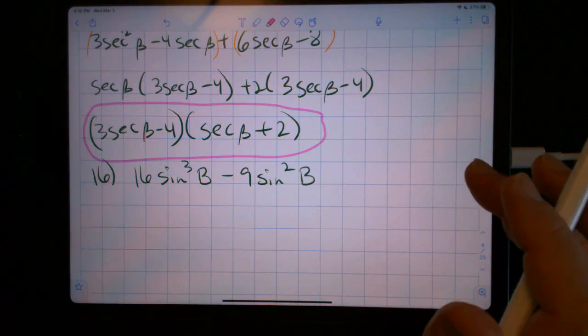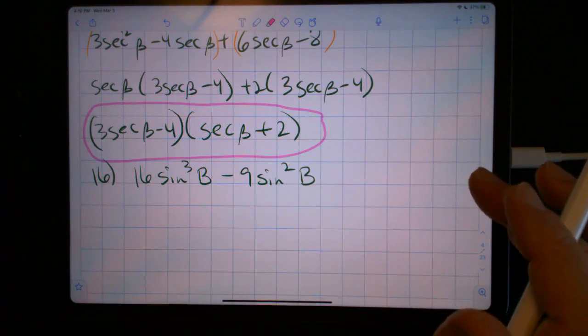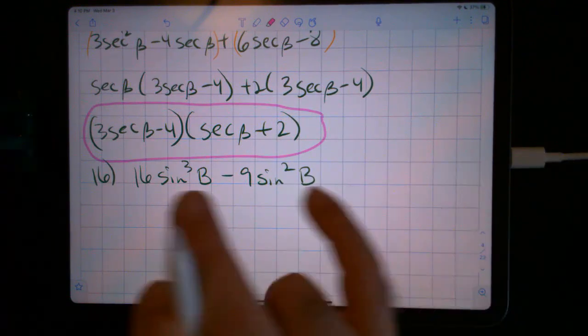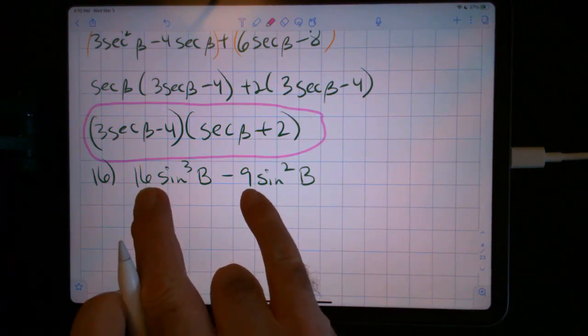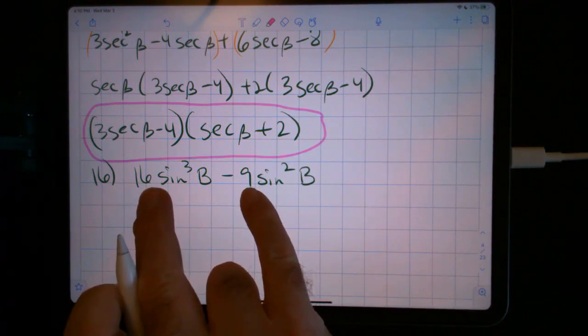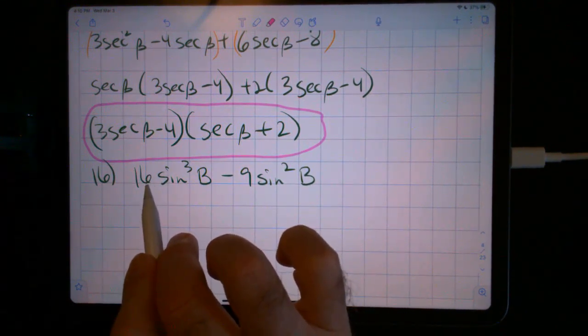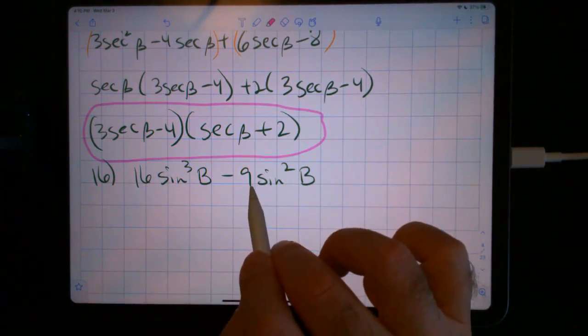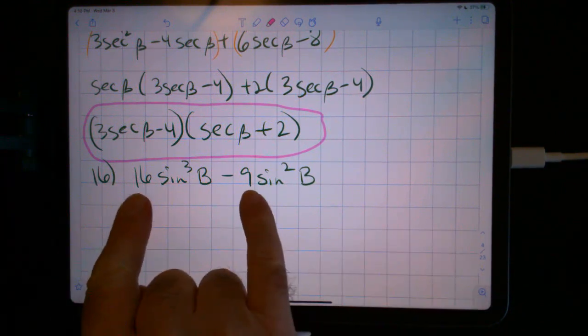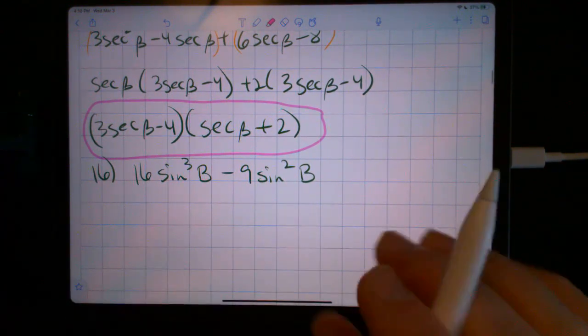Okay, this one here, 16 and 9 are relatively prime. That means they don't have anything common except for a 1. 16 is a bunch of 2s, 2 to the 4th power, and 9 is a couple of 3s, 3 times 3. So they don't have anything common. We can take out a sine squared.